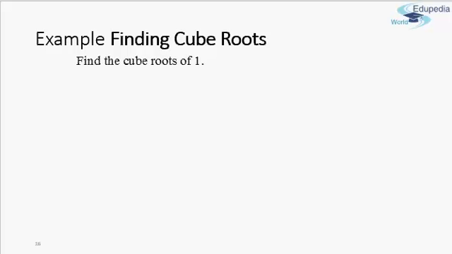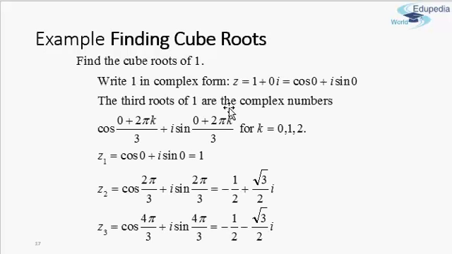So in order to solve this, we write 1 in the complex number form, 1 plus 0. We use tan to solve this, and we get perpendicular over base, that is 0 over 1, and this gives us cos 0 plus i sin 0. The cube roots of 1 are the complex numbers.